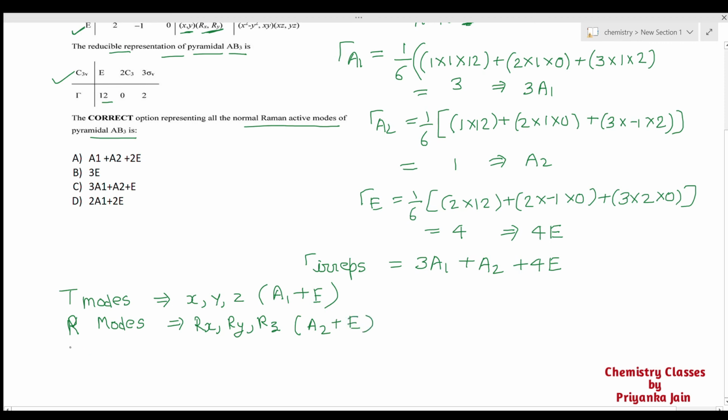So now we have to find out the vibrational modes. For this, what we have to do? We have to take the irreducible representation that we have found out, minus the sum of the representation for the translational mode plus the representation for the rotational mode. Okay, that thing we have to do.